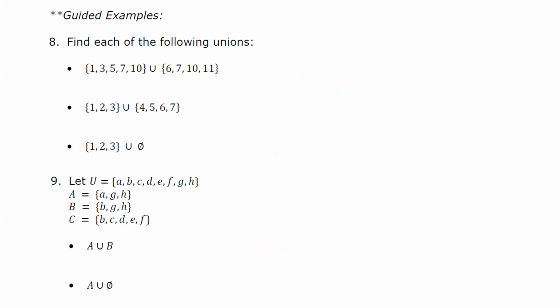In these guided examples, we're asked to find the union between the two sets. Our first one here would be the numbers 1, 3, 5, 6, 7, 10, and 11. I took all of the values from the first set and then added on any values in the second set that weren't in the first set.